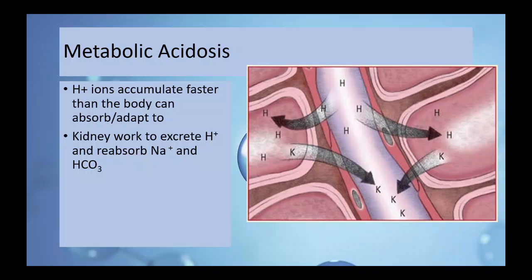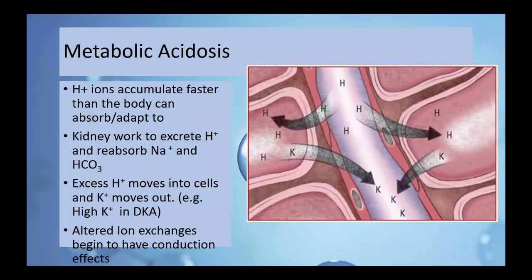Potassium will exchange for hydrogen moving intracellularly, which can create a possibly slightly higher potassium in the bloodstream. And so the important thing is we don't want to be too aggressive with treating potassium issues until we correct the acidosis, unless, of course, those potassium issues are causing critical arrhythmias.